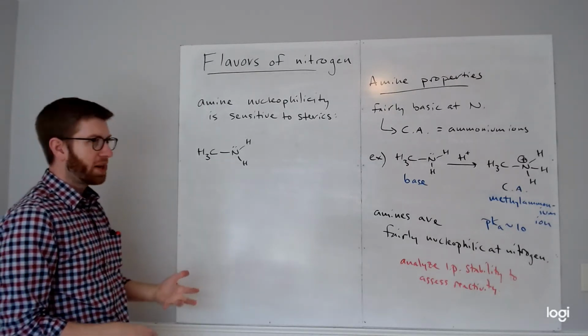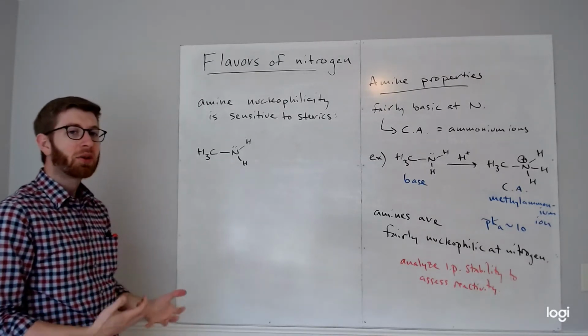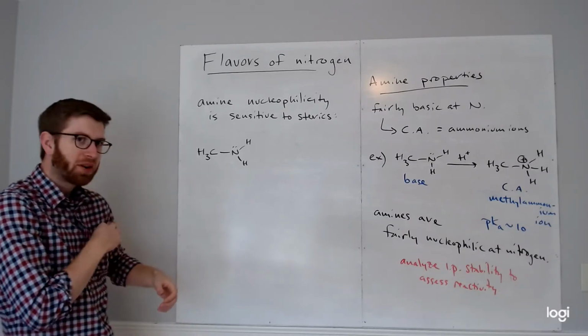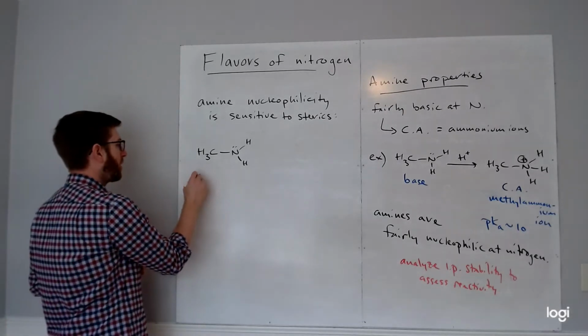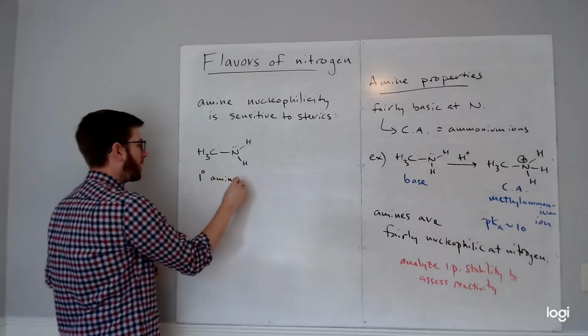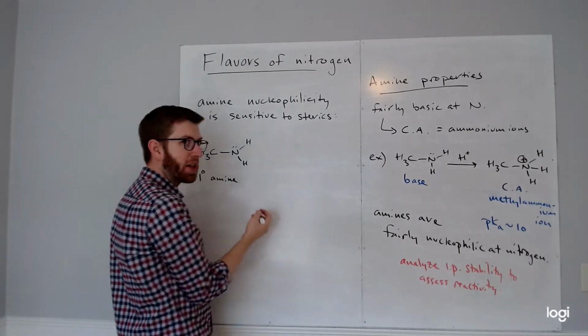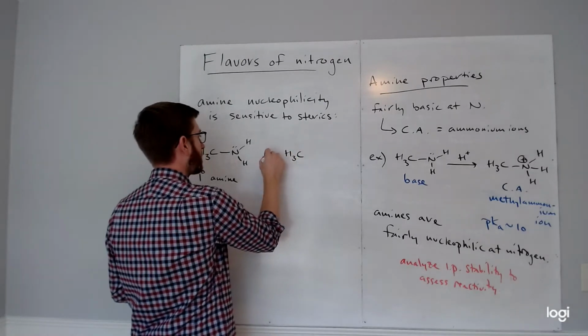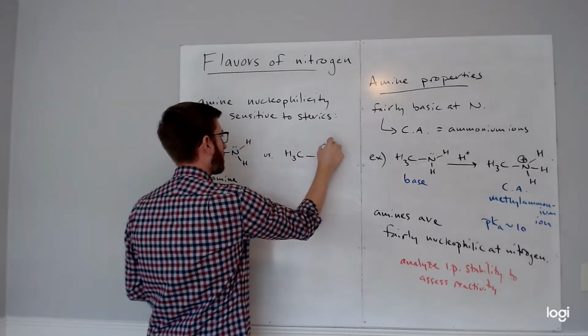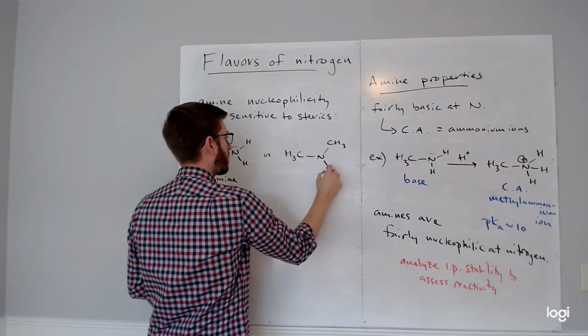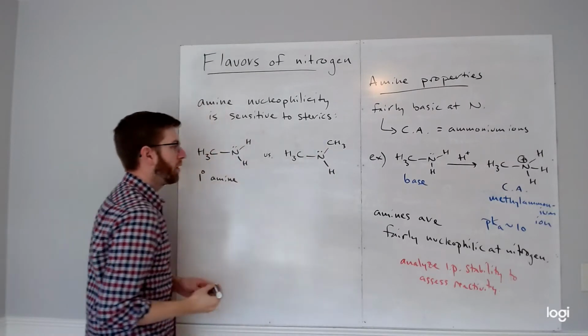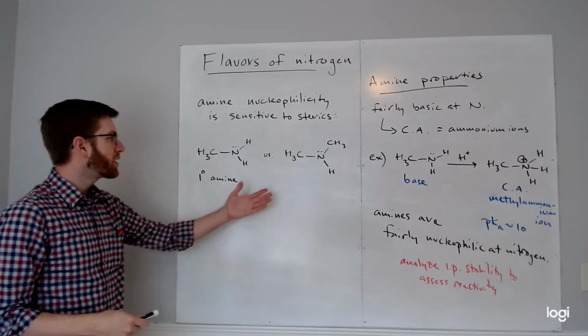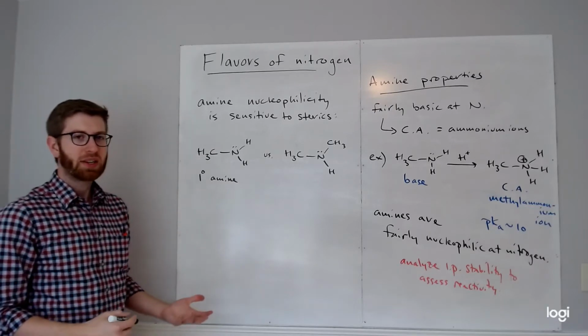But let's now consider the same case where we add another methyl group. So we're going from a primary amine to a secondary amine. So we'll look at dimethylamine. All right, so we still have essentially the same amount of lone pair stabilization here.